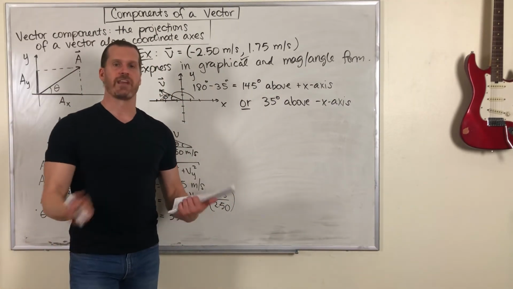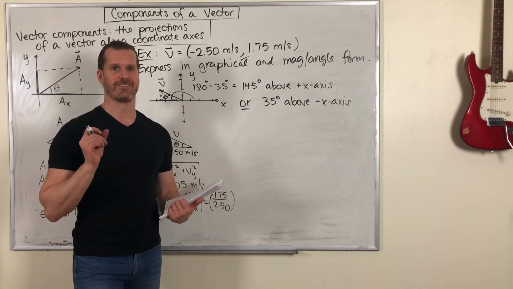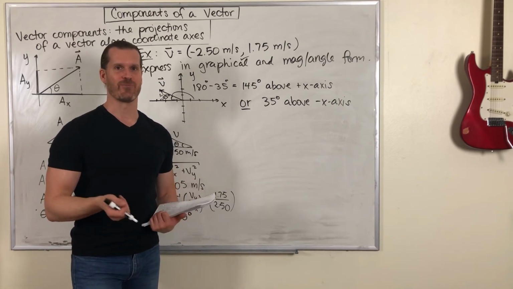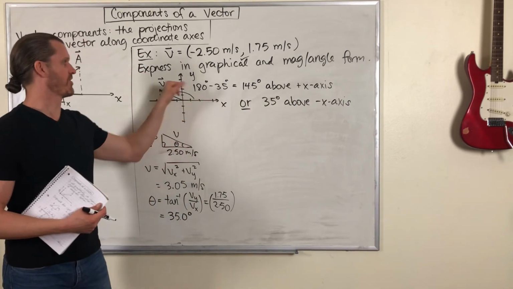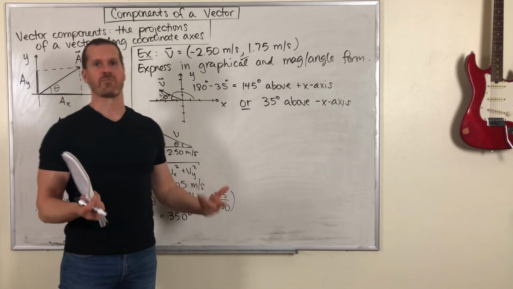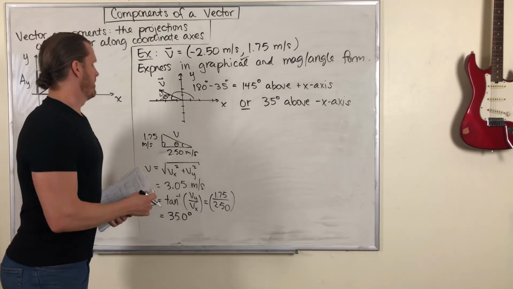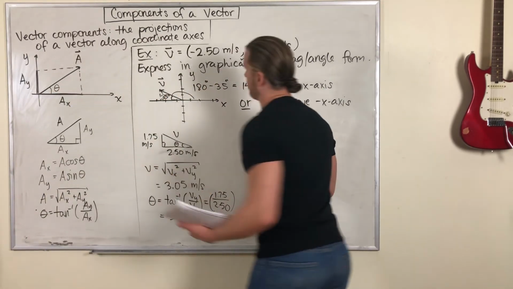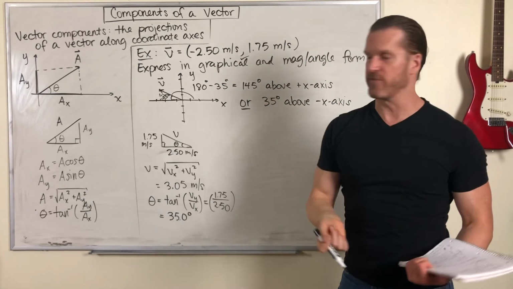Whenever you write down an angle, it's good practice to let the reader know where you're measuring it from. If you're measuring it from the positive x-axis over here, or if you're measuring it from the negative x-axis, just let people know where that angle is measured from. Okay, so we've done this problem now. We have V given to us in component form.